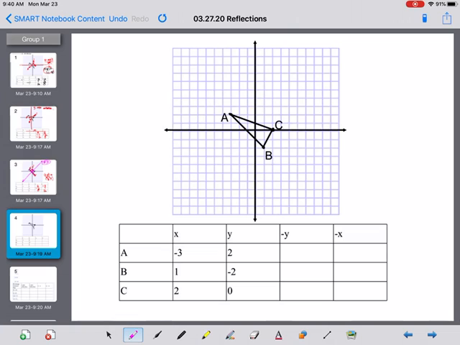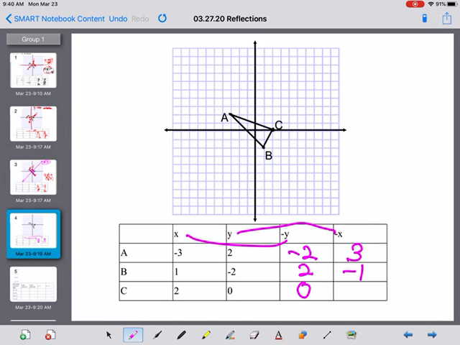So here, the x coordinate becomes the opposite of the y coordinate, and the y coordinate becomes the opposite of the x coordinate. So (-3, 2): let's say the 2 is a negative, and then 3. So (-2, 3). Then (2, -1).